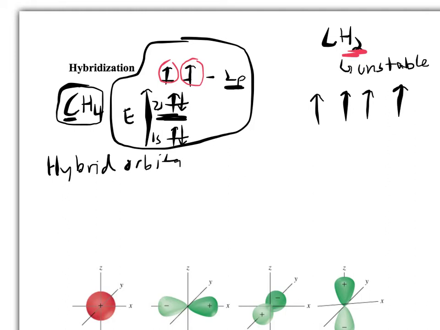Hybrid orbitals are atomic orbitals which are created when 2 or more different non-equivalent orbitals of the same atom combine. So what I mean by that is 2 different non-equivalent orbitals would be like an s and a p orbital when they combine. So hybrid orbitals are a mixture of 2 different orbitals of 2 different energies.